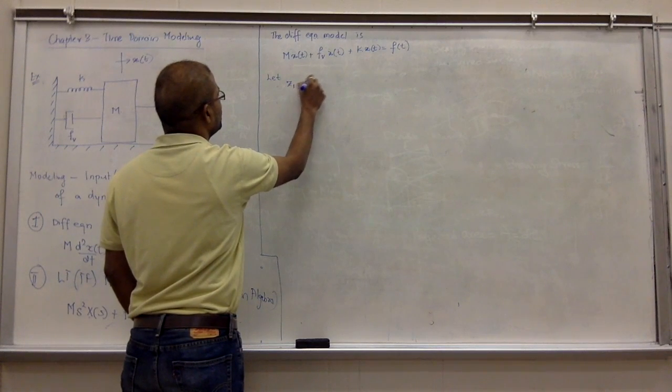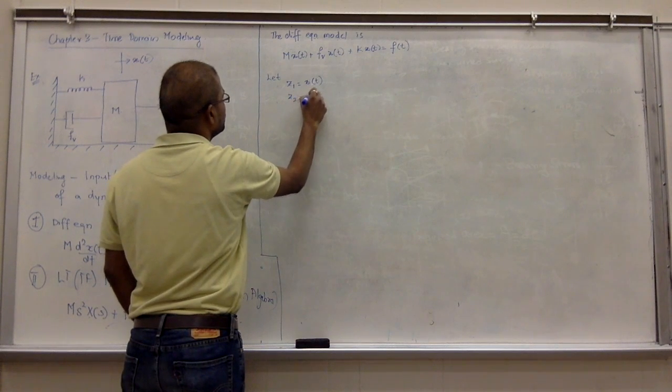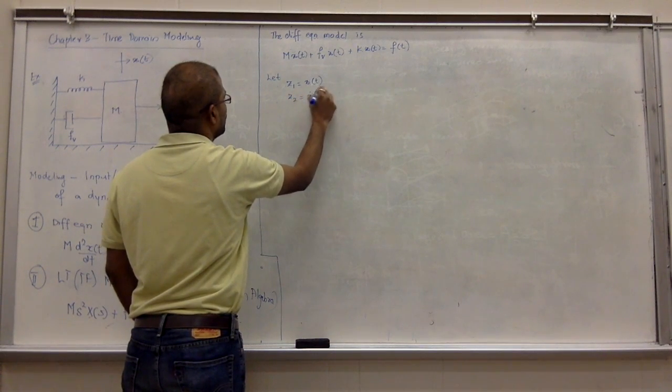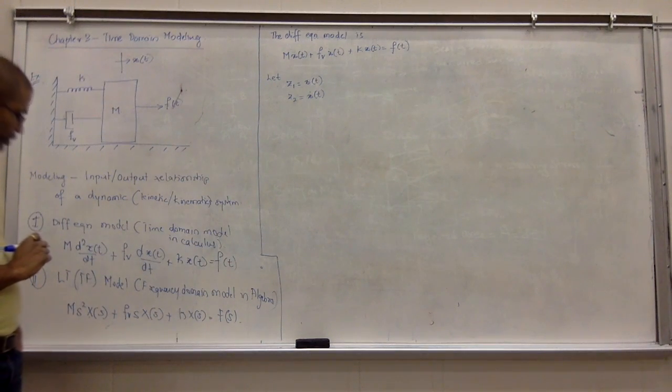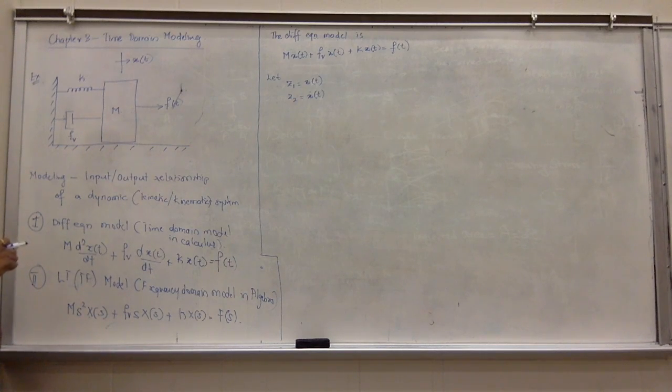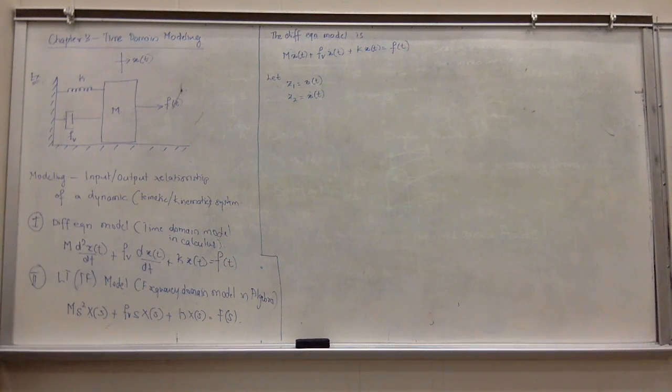So what we're going to do is define z1 equal to x of t, and z2 equal to x dot of t. Now what you need to understand here is, what are x and x dot of t for the system? x of t is displacement physically. What is x dot of t? Velocity. They are called the states of the system.